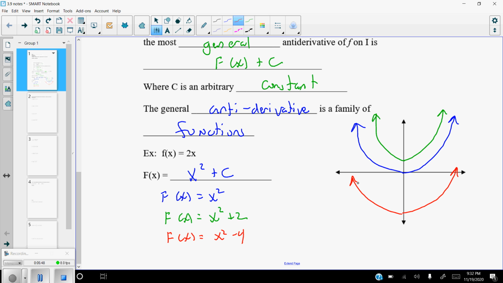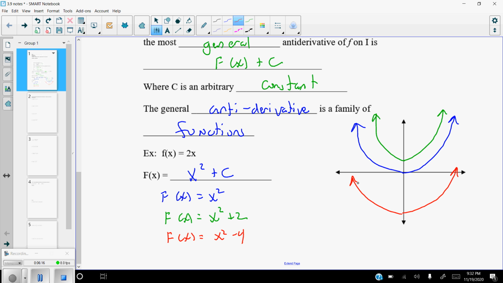It is a family of functions of x squared. It's every possible x squared that could be drawn up and down the y-axis. Now, there's obviously space in between the ones that I drew because I picked values that you could easily see. But you could have C be 2.00000000001, and it's basically going to look like it's almost exactly the same place as the green one. It'll just be slightly higher.